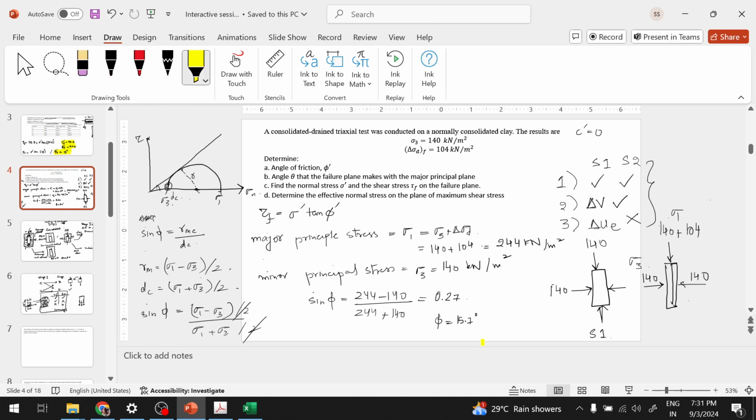Okay, so this will be our phi. C has been given as 0.